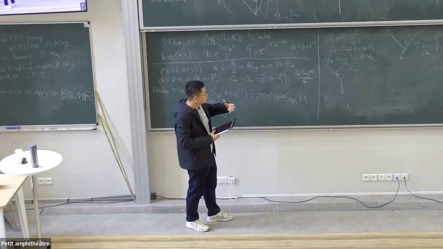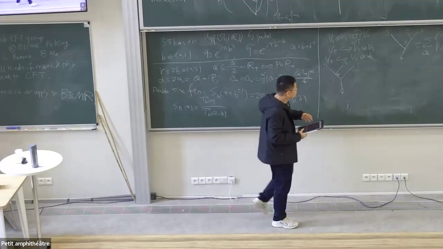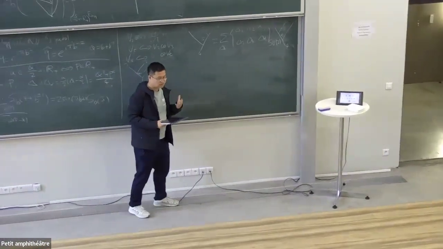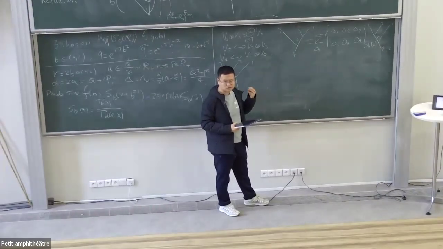But maybe let me elaborate on this. So this is the 6j symbol for SU(2), and you can imagine that for any compact group, you can define the same similar thing.